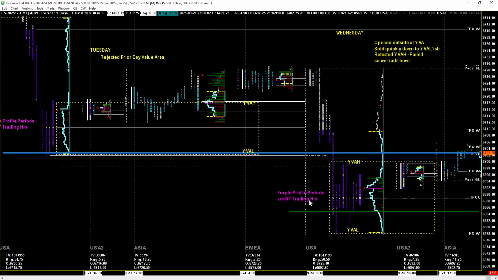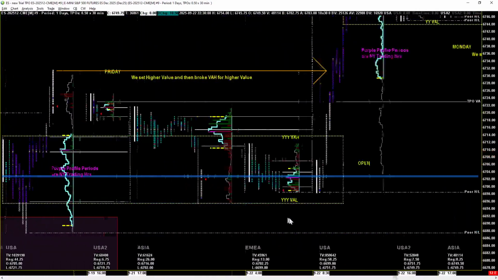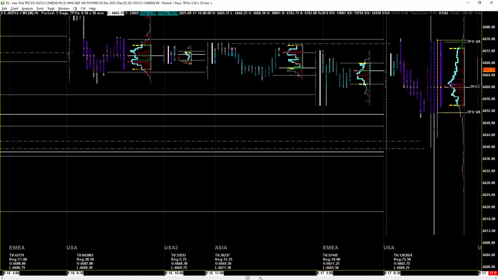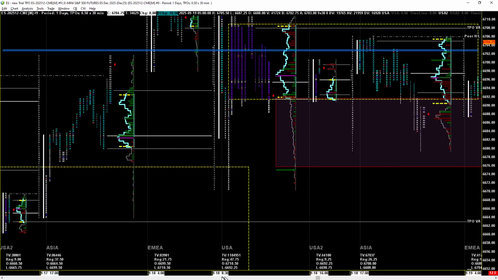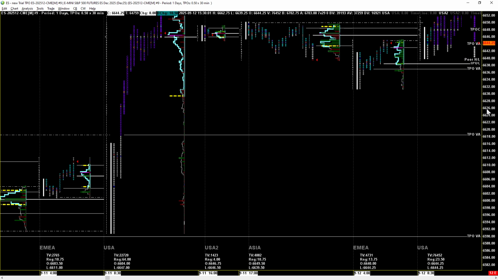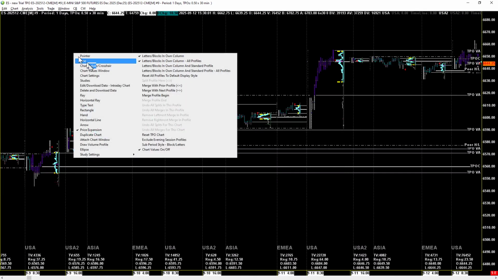So now let's look how we overlay pivots and play pivot theory on trades on bigger time frame. So let's turn those on.